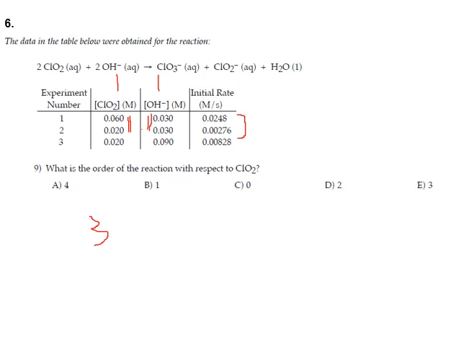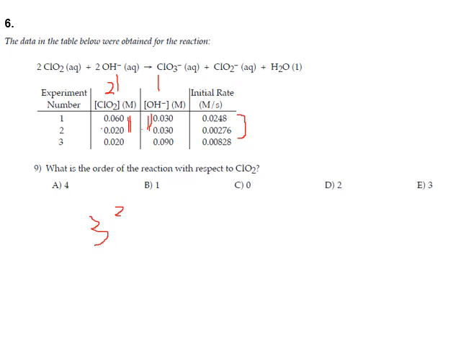So look at the rates. You may want to take your calculator out and divide 0.0248 by 0.00276. But it's going up by a factor of 9. So I would have to raise 3 to the 2 power to get 9. So that means it's second order in ClO2.